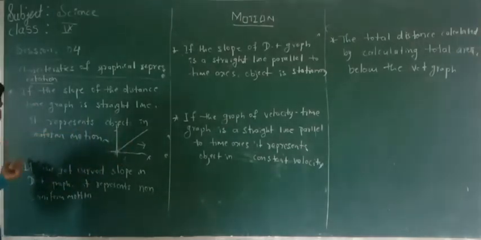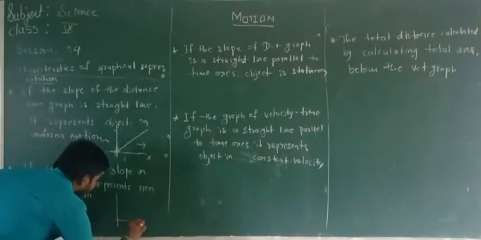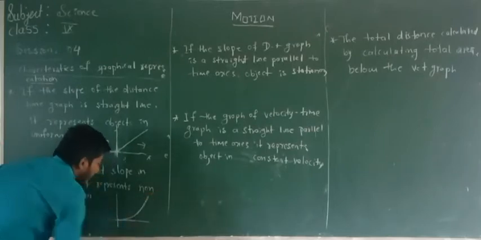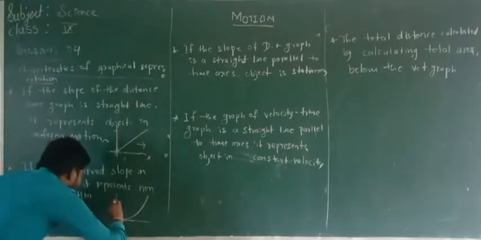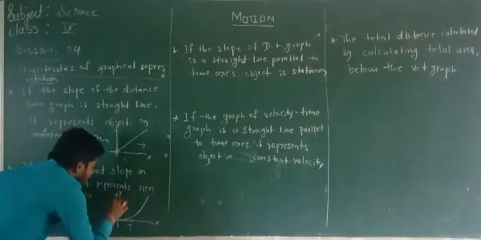Another point: if we get a curved line in a distance time graph, this is distance, this is time, this is the x-axis, this is the y-axis.